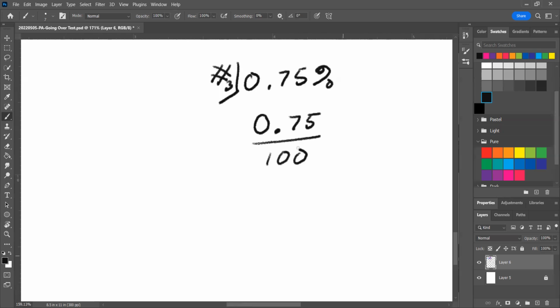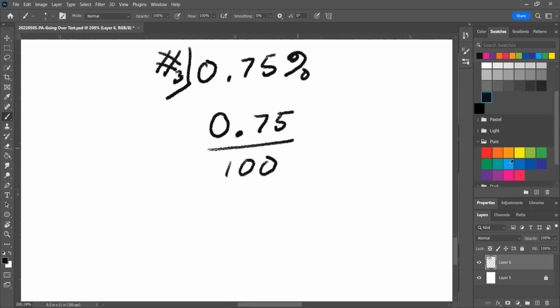So what do we need to do to fix that problem? We should move it. If we move that one, what else are we going to have to do? Yep.